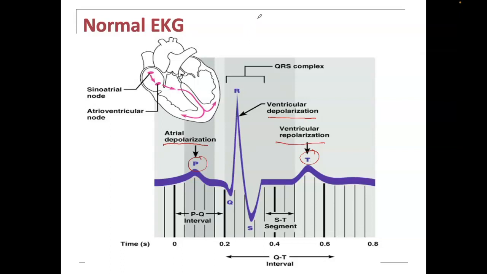So the key is, all right, what do we mean by depolarization? And what do we mean by repolarization? So when I hear depolarization, I think contraction. When I hear repolarization, I'm thinking of relaxation.